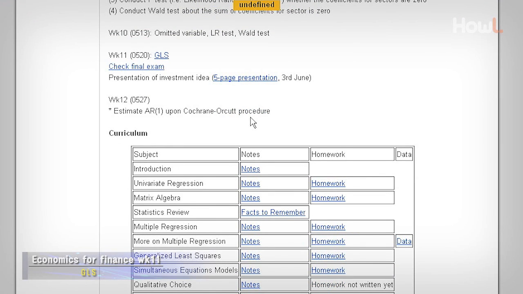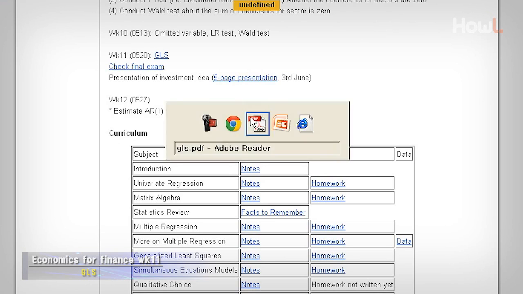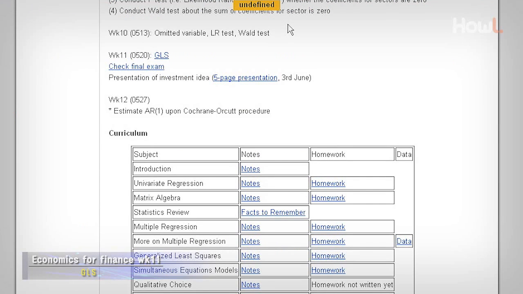Basically, you did the regression of your stock return over the Fama-French factors, right? You already did. And from that regression, you collect the error term.